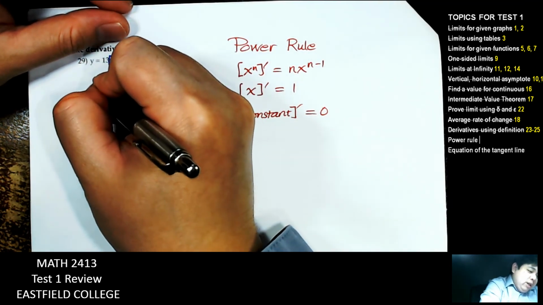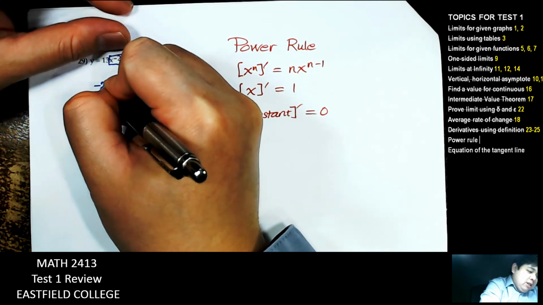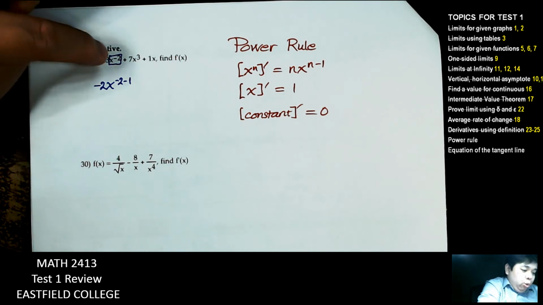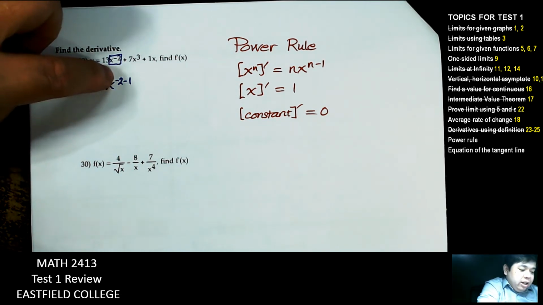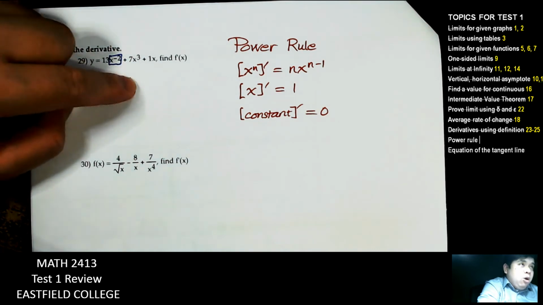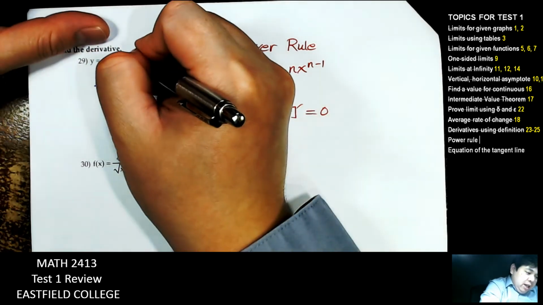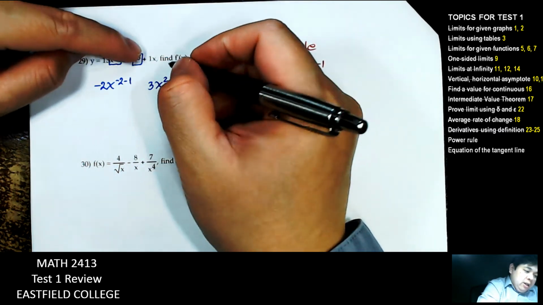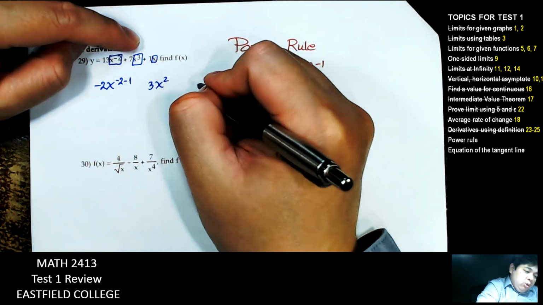The derivative of that will be negative 2 x to the negative 2 minus 1. So the original power goes down, and then the original power minus 1. X cubed will be 3x squared, and then x will be just 1.